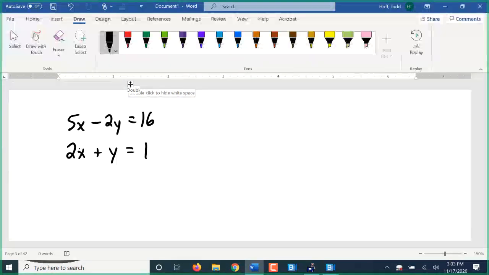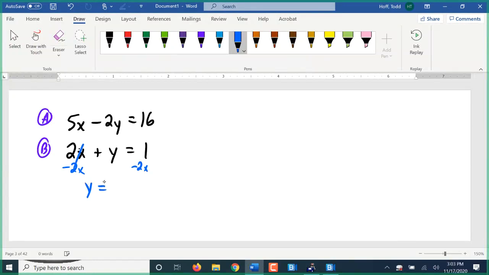Let's take a look and see how you're doing here. So, if I label the equations A and B, just for quick reference, I'm going to solve equation B for y. Because there's not a whole lot to do. All I have to do is subtract the 2x. And I have y equals 1 minus 2x.